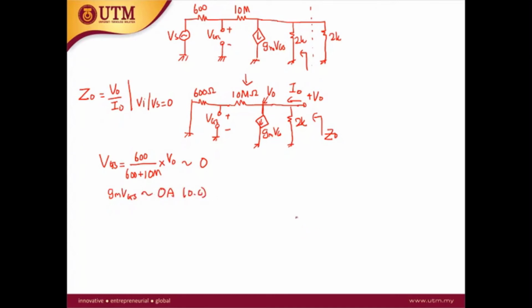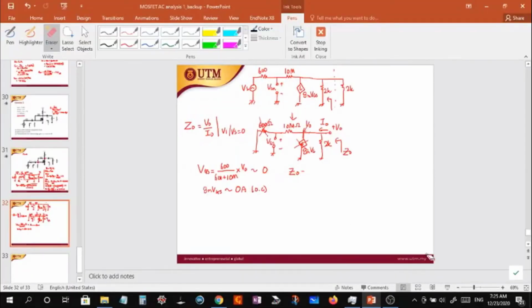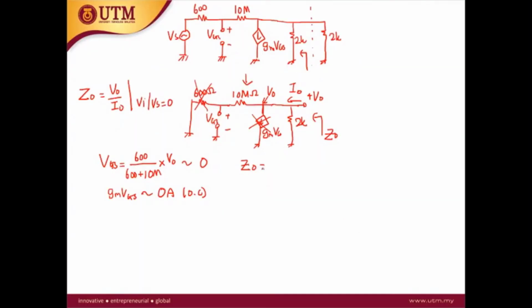Okay. So what will happen is this is grounded. So at this point it's grounded, so we can ignore the 600. So we can remove the GM VGS. So what you will see for the Z out is only the 2K and 10 mega ohm. Okay.